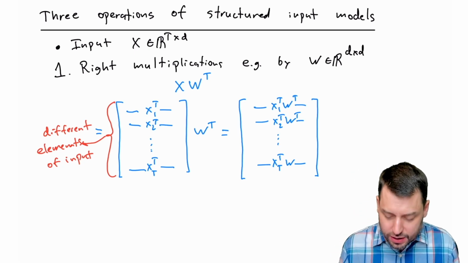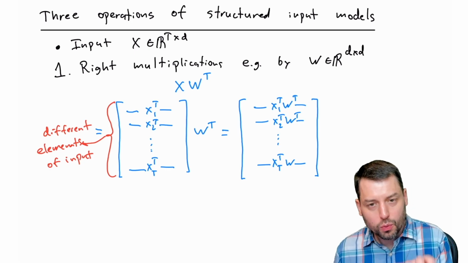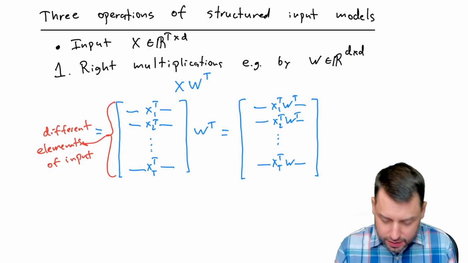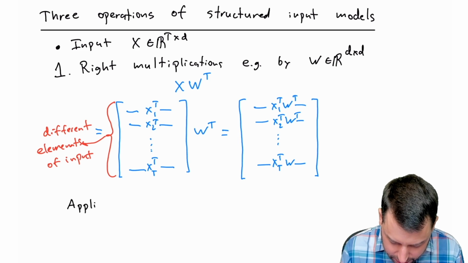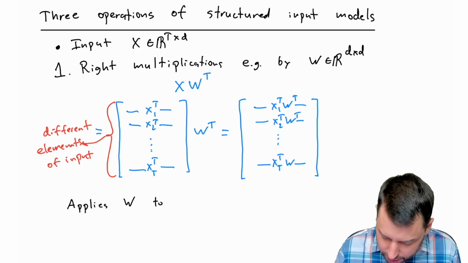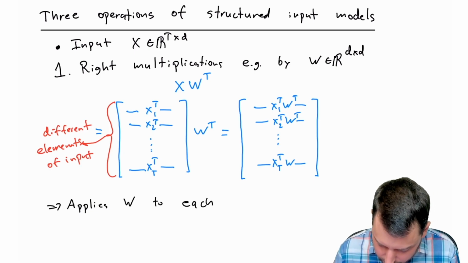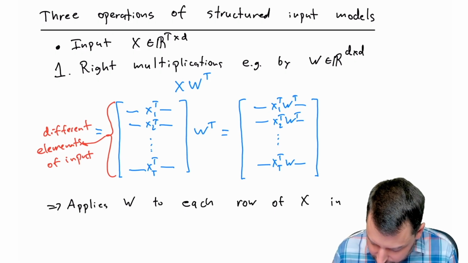So in other words, what we're doing here is taking W and applying it as a linear matrix to each row of X, so it applies W to each row of X independently.